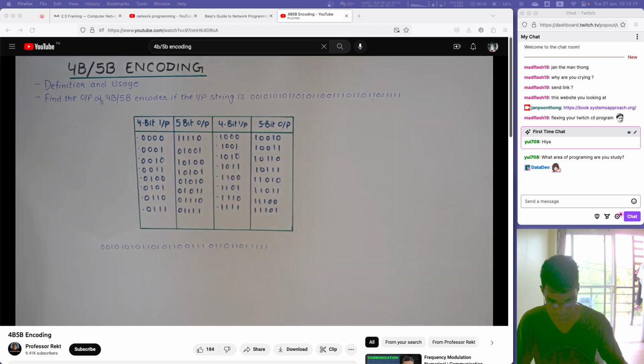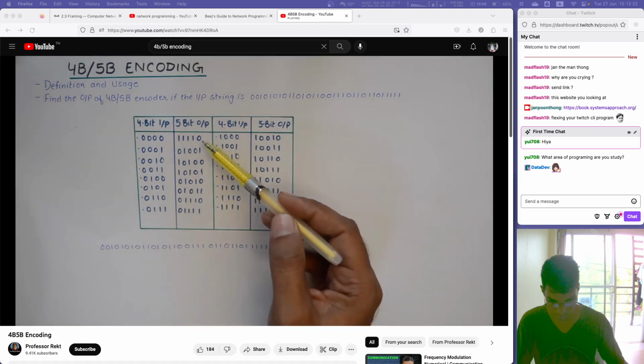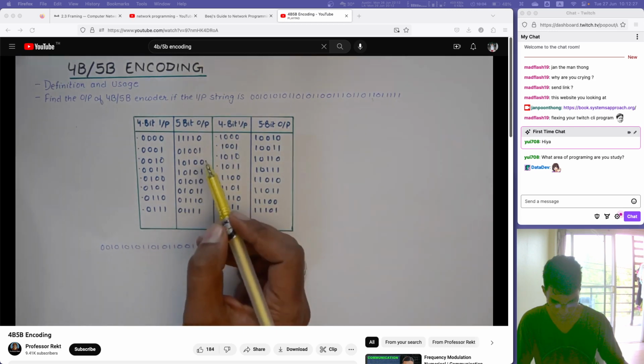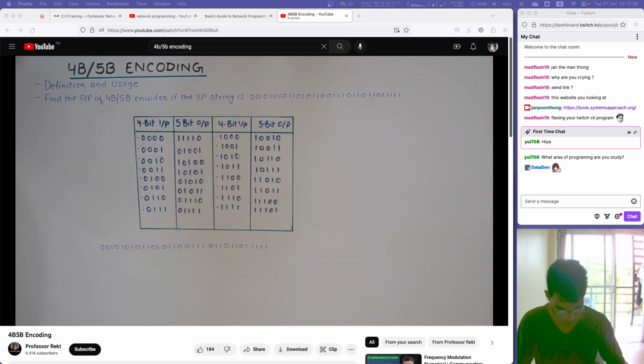Now the reason why we do that is pretty simple. If you look at the output set, which is a 5-bit code, you'll never find 3 zeros in a row. The main objective of encoding is to avoid long strings of zeros, as we mentioned in HDB3 code and other codes where timing extraction becomes a problem.